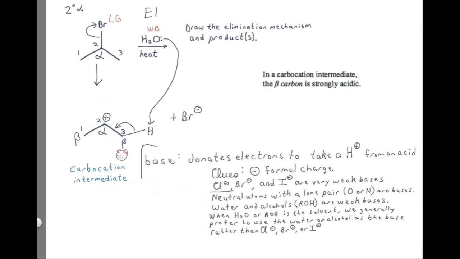I've labeled carbon 3 SA for strong acid. In a carbocation intermediate, it turns out that the beta carbon is strongly acidic. This positive formal charge makes this molecule very eager to lose a proton so that the molecule can gain electrons and get back to neutral.